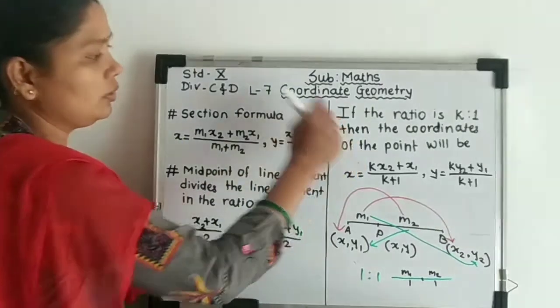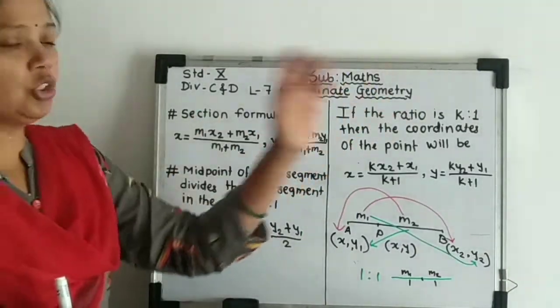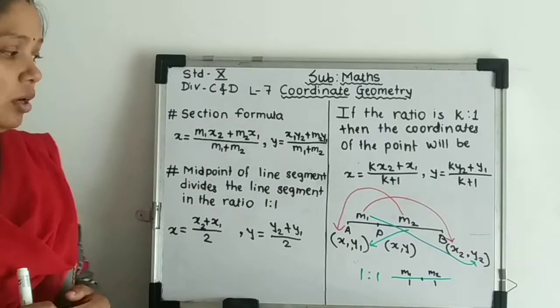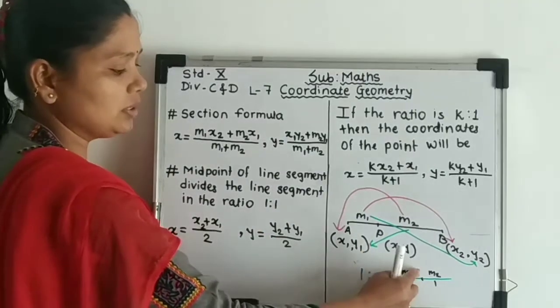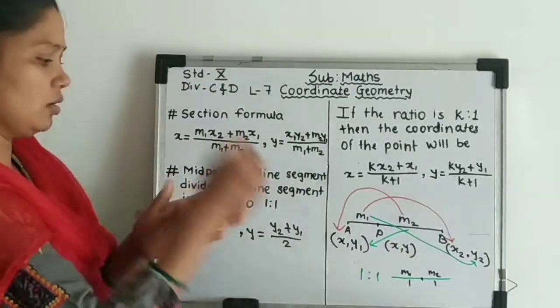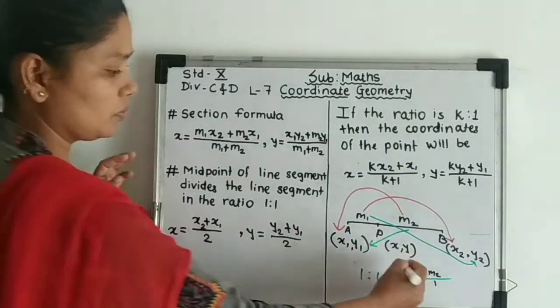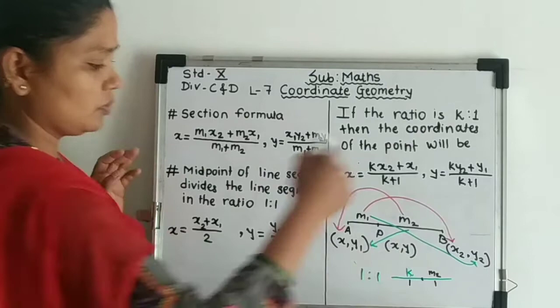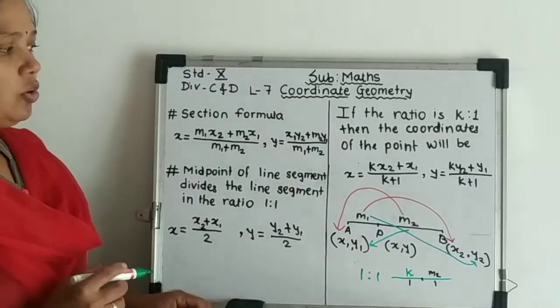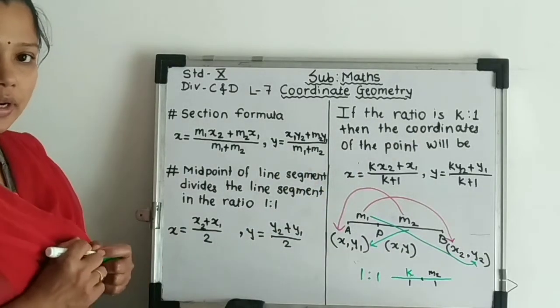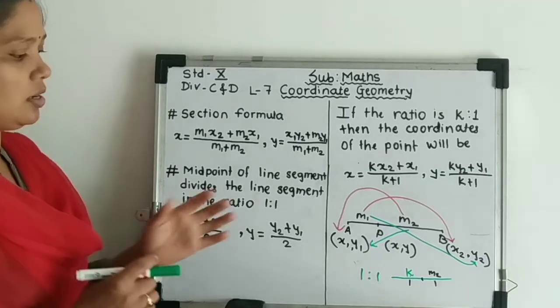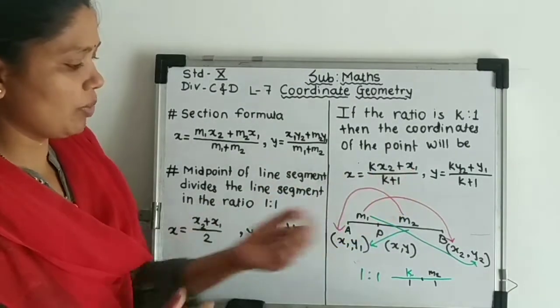Now the third condition: if the ratio is k is to 1, where the ratio has an unknown k, how will we find the coordinates? Again the section formula is there, so we will use it.